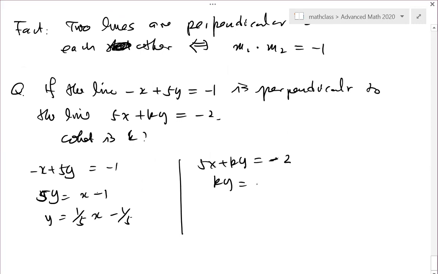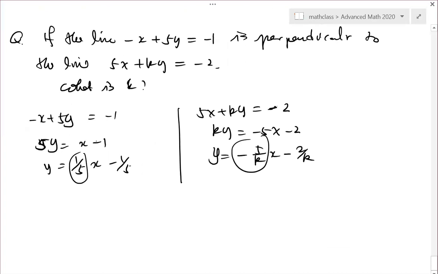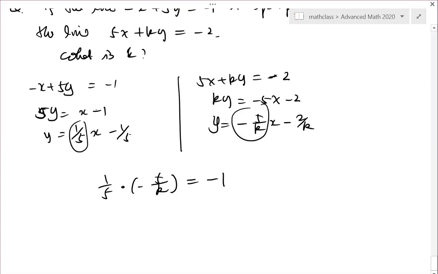So ky equals -5x minus 2, y equals -5 over k x minus 2 over k. So you compare those two coefficients, okay? 1/5 times -5 over k is going to be -1. And k equals 1. All right, k equals 1.